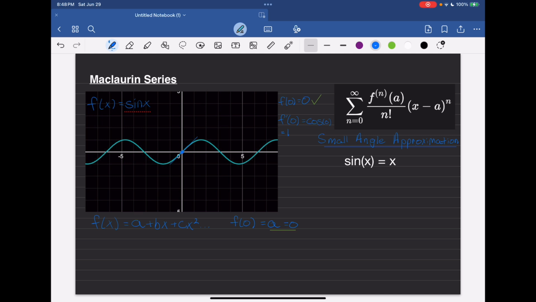Now the first derivative of our function will just make the constant term go to 0, bx will become b, cx squared will become 2cx, and so on. Now, since we're plugging in x equals 0, once again, we're just doing everything around x equals 0, all the terms with an x will cancel to 0. So we have f prime of 0 is simply the constant coefficient b. And it must equal f prime of 0, which is 1. So now our second condition is fulfilled, where b equals 1.